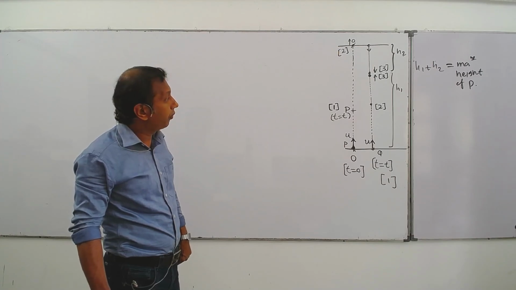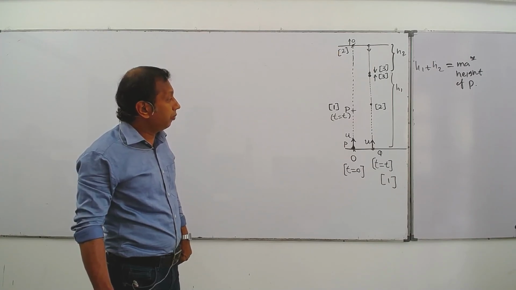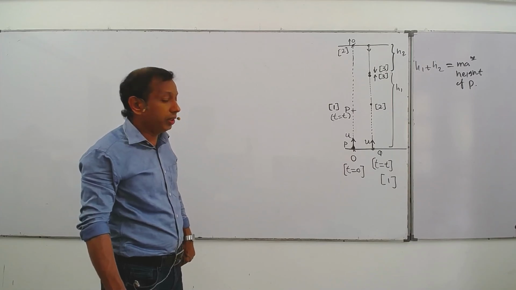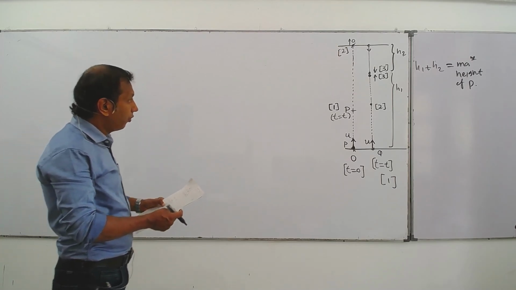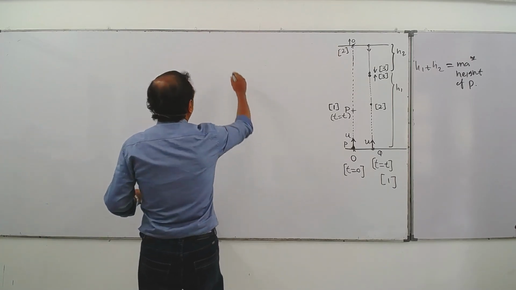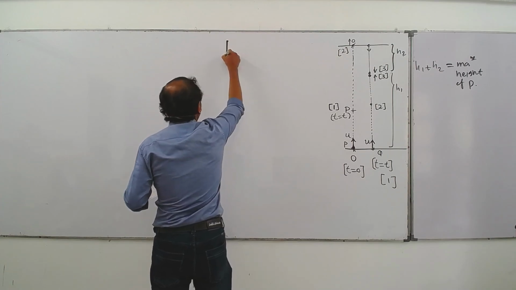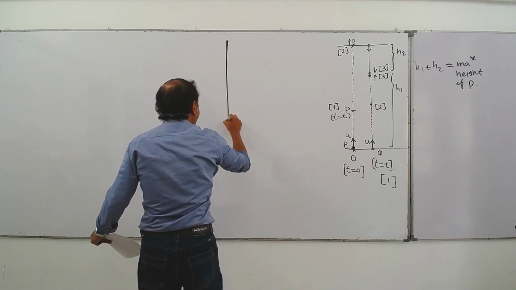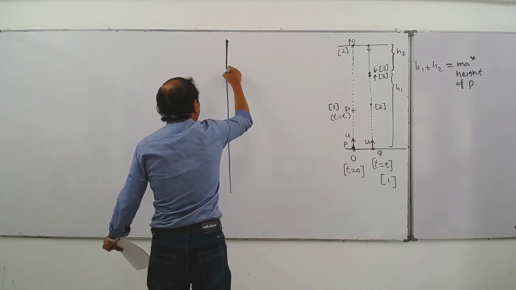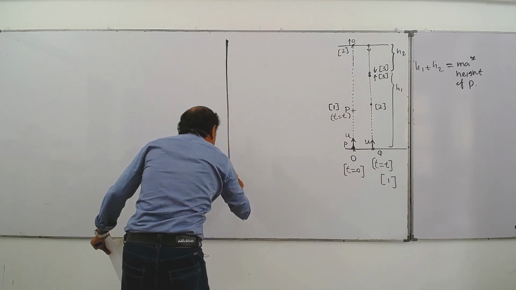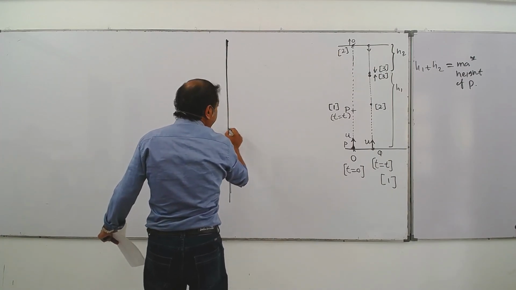So then we can draw the VT graph for the situation. The VT graph will be coming like this. This is the time axis.